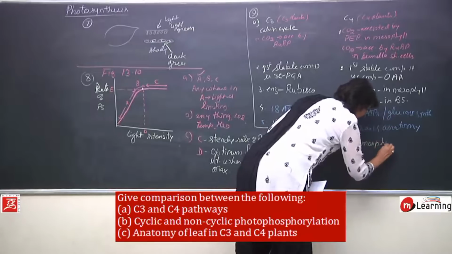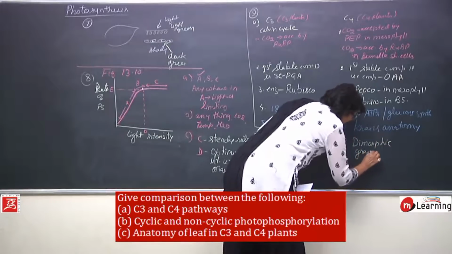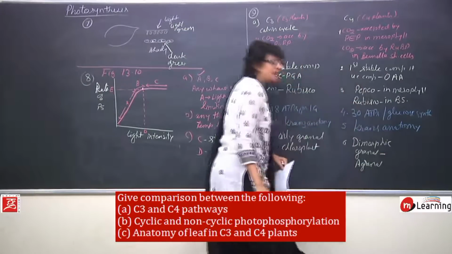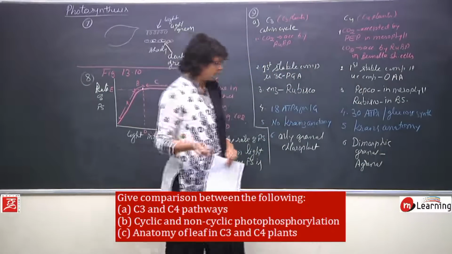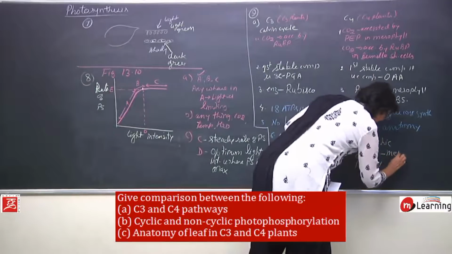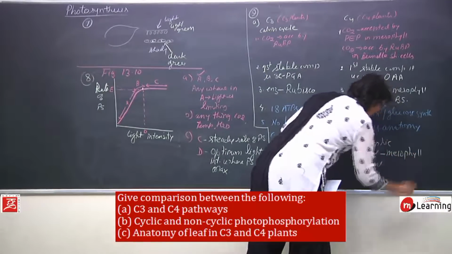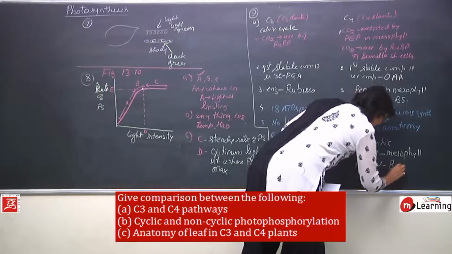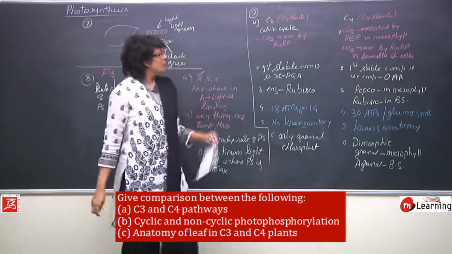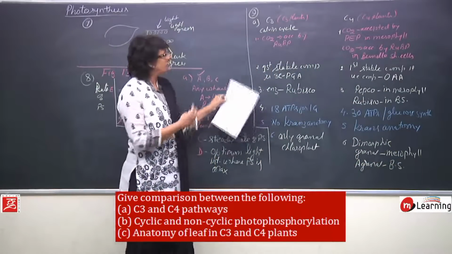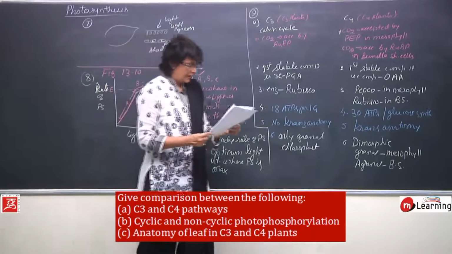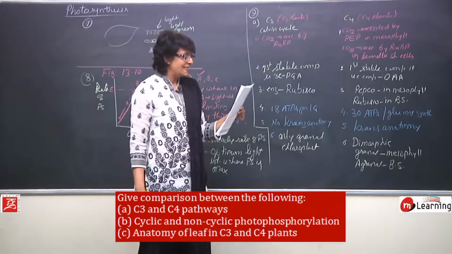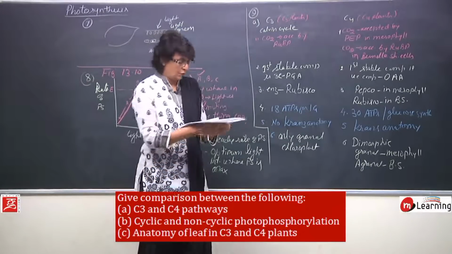Dimorphic, that is granal and agranal. Granal are present in the cells of mesophyll and agranal are present in the cells of bundle sheath. So, this is the basic difference between C3 and C4. The second comparison they are asking us is between cyclic and non-cyclic photophosphorylation.